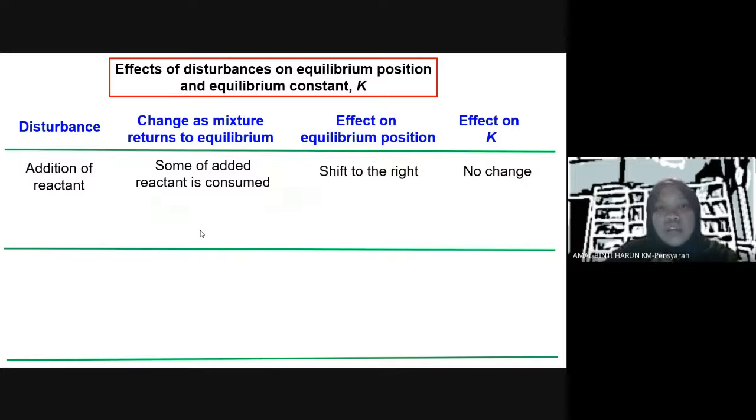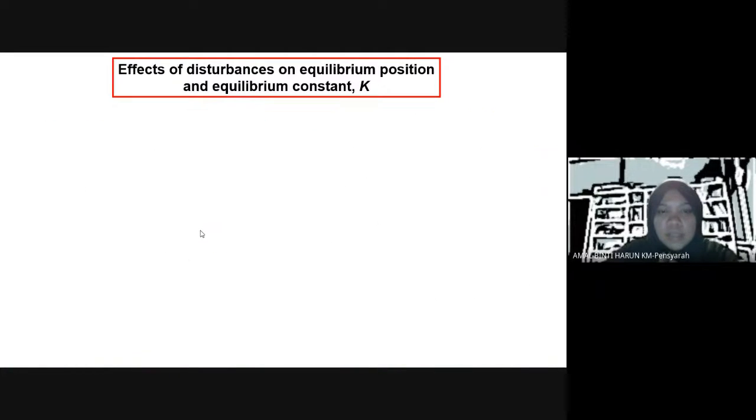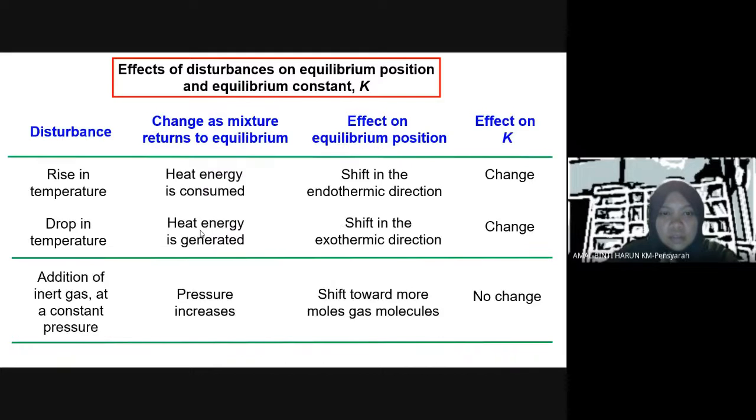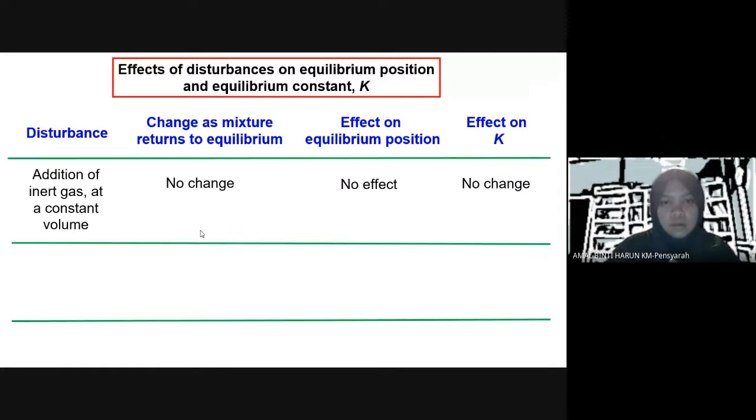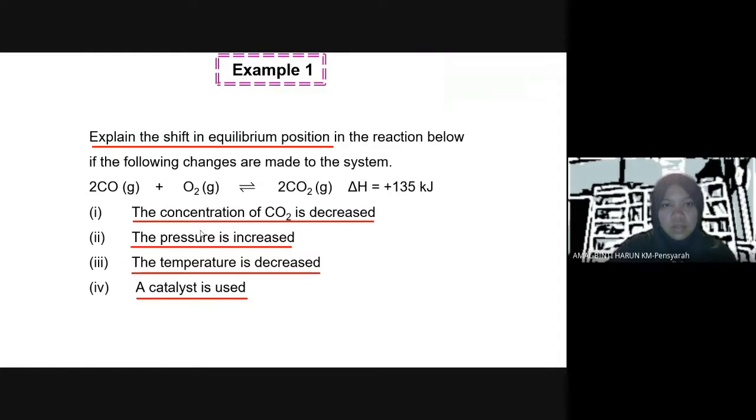Okay, so disturbance. Okay, ni dia punya summarize lah. Change the mixture as mixture returns to equilibrium. Ini contoh. Okay, kita tengok contohnya explain the shift in equilibrium position of the reaction below.